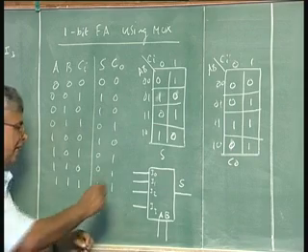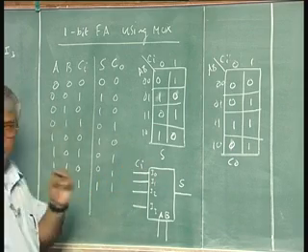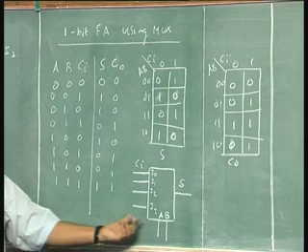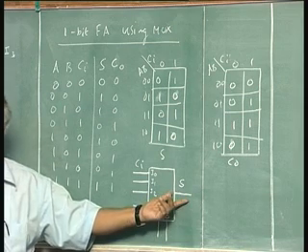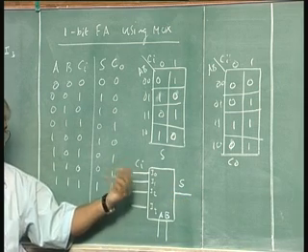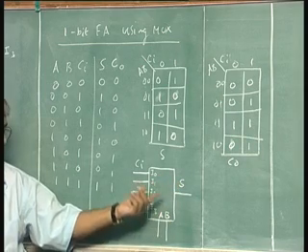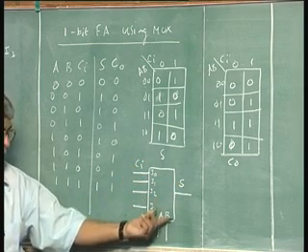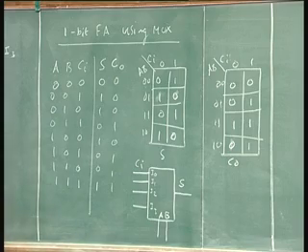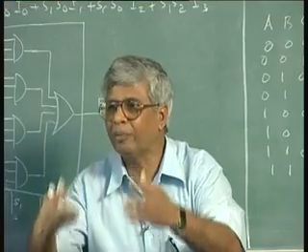So, if I connect Ci to this, if Ci is 1, when AB is 0, 0, the output will be 1. When Ci is 0, output will be 0, sum will be 0 when AB is 0, 0, and when Ci is 1, when AB is 0, 0, sum will be 1. That is what it is, mapping on the given hardware our requirement, which is here.